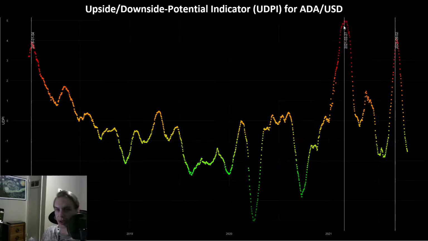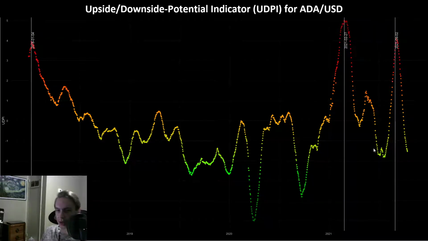Here it calls this local high that we had in February when ADA made its first huge move up in the spring. It also starts shooting back up again in May when we had a final move up that ADA made before we had the big crash across the whole crypto space that brought prices down.